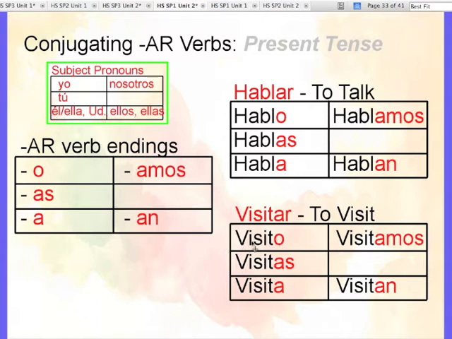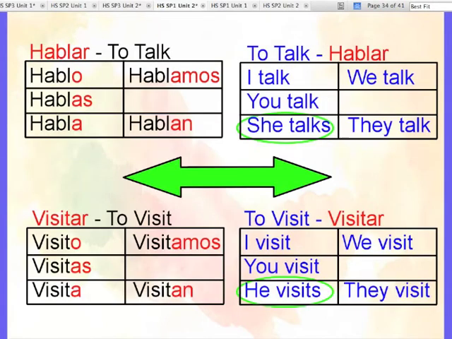I visit, yo visito. You visit, tú visitas, etc. We talk, nosotros hablamos. Okay, and here we are with our translations.